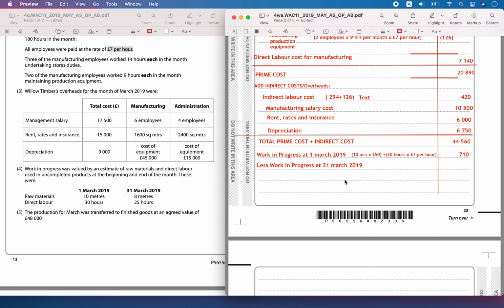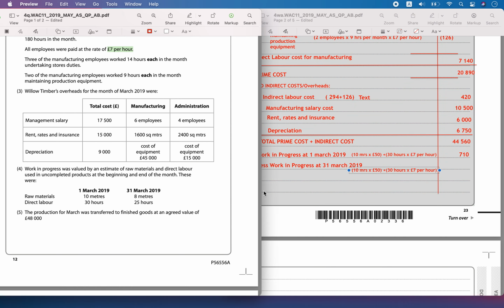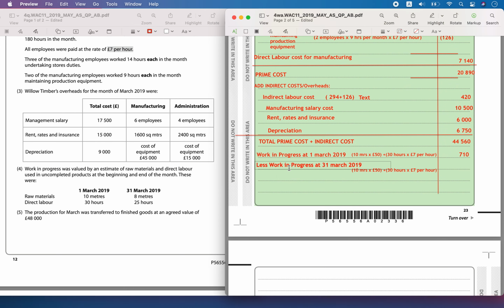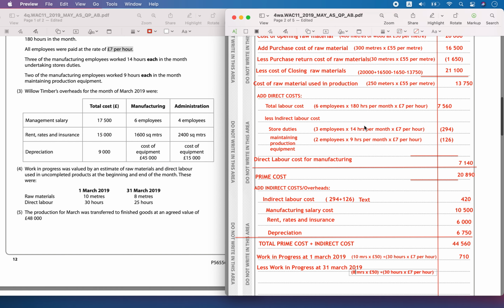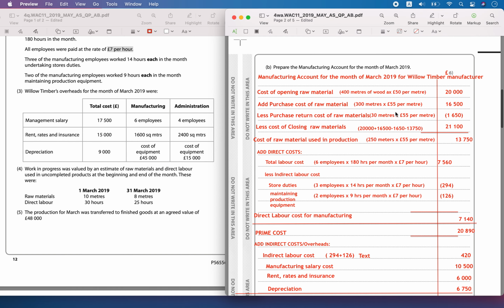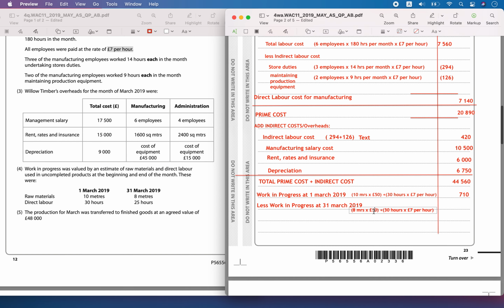Now let's subtract the work in progress as on 31st March. Here we can see it is 8 meters, and the rate at the closing is 55 pounds.